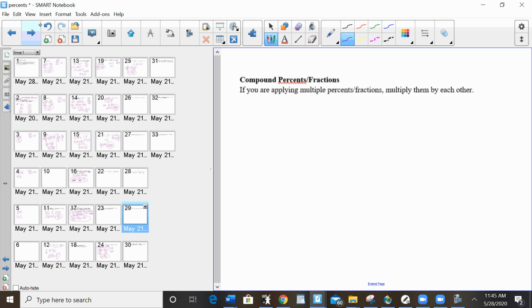Compound percents and fractions: if you are applying multiple percents or fractions, you're multiplying them by each other. Basically, if we're doing more than one percentage or fraction, we're just multiplying them all instead of just the two. We're multiplying for all of these, so now we're just going to do additional multiplications.